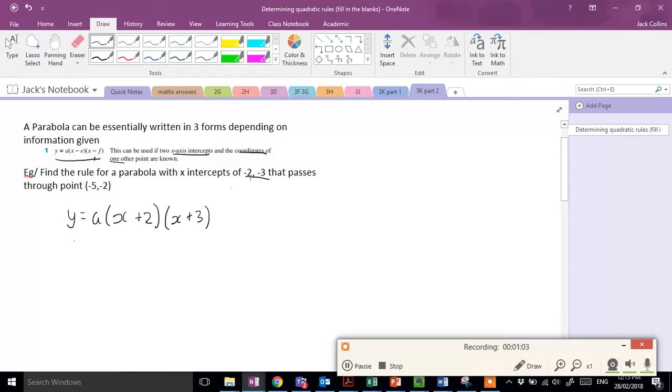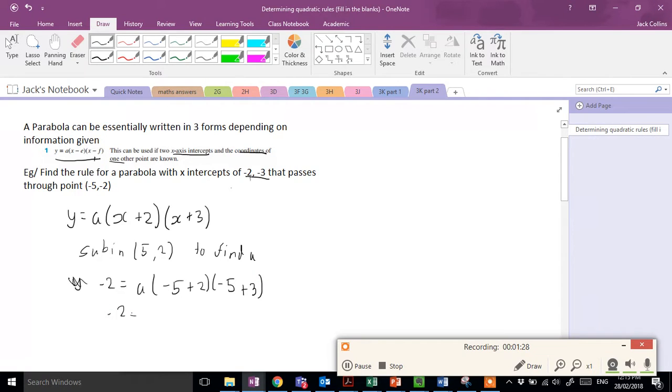And the next step is to sub in (-5, 2) to find a. So in this case, y is equal to 2. So 2 is equal to a outside of (-5 + 2)(-5 + 3).